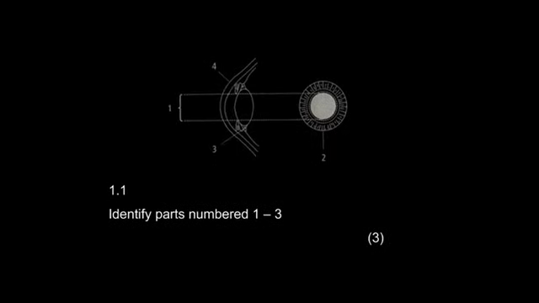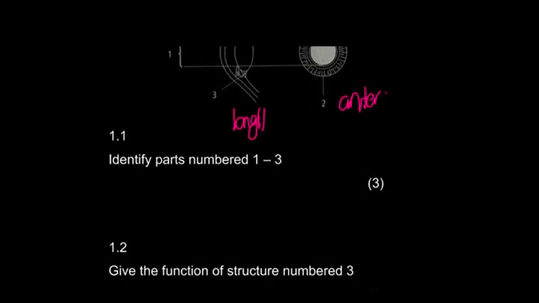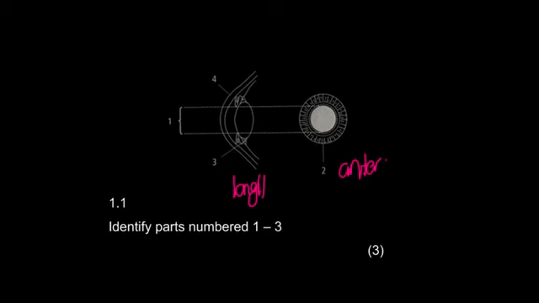They can give you a diagram from the front, this would be the anterior, or they can give you the one that you are more used to, that will be longitudinal. Remember, longitudinal, I take it and I've sliced it in half. The first question is a nice general knowledge question: identify parts numbered 1 and 3.